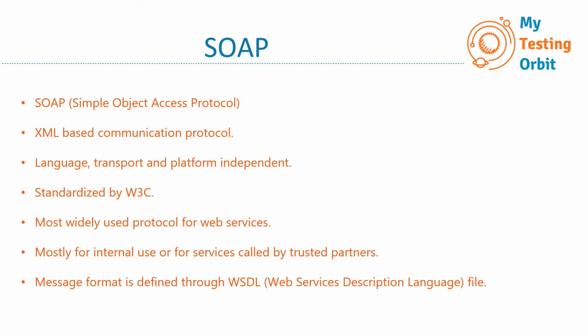Okay, so when we talk about SOAP, it's an official protocol, and as we have seen, it's standardized by W3C, which stands for World Wide Web Consortium, and it has strict security rules. SOAP is basically preferred when there is a desire to achieve a high level of security.